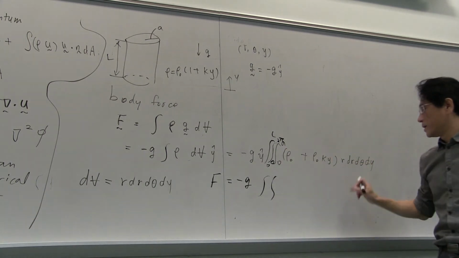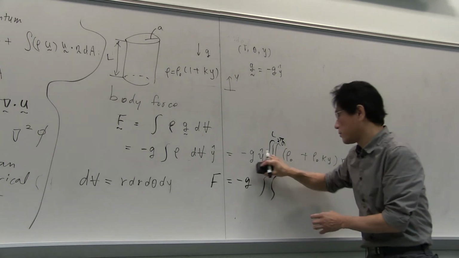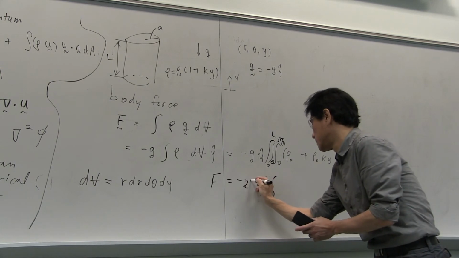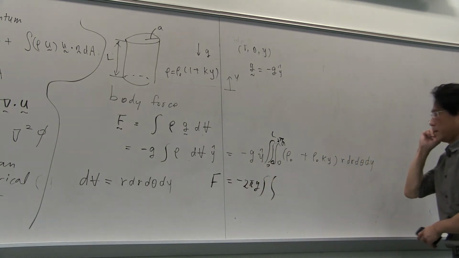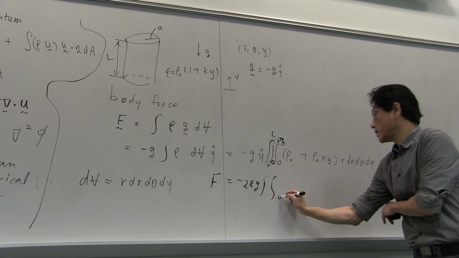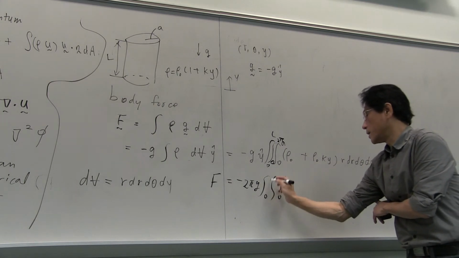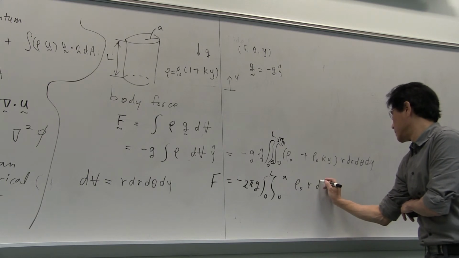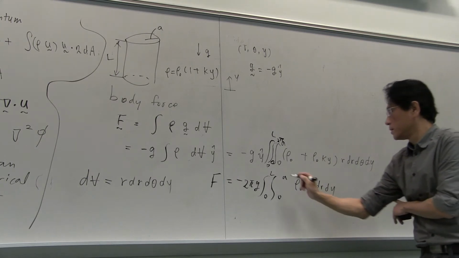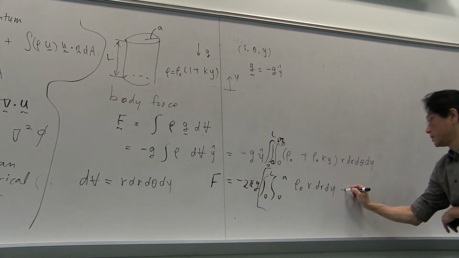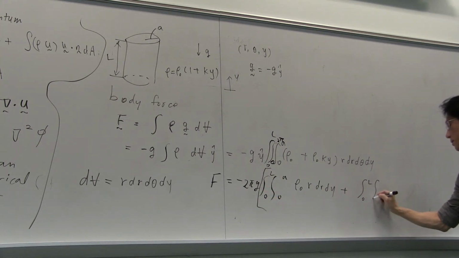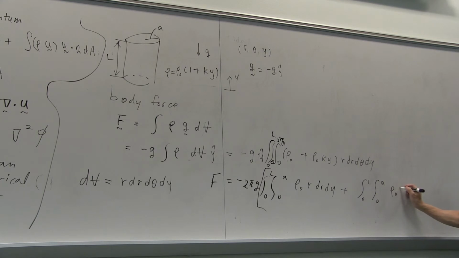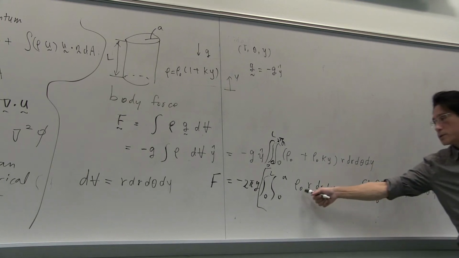So I write 2 pi g here. Then you have 0 to a for r and 0 to L for y, with density times r dr dy. I'll break this into two parts: the first, and then ky r dr dy. Make sense?